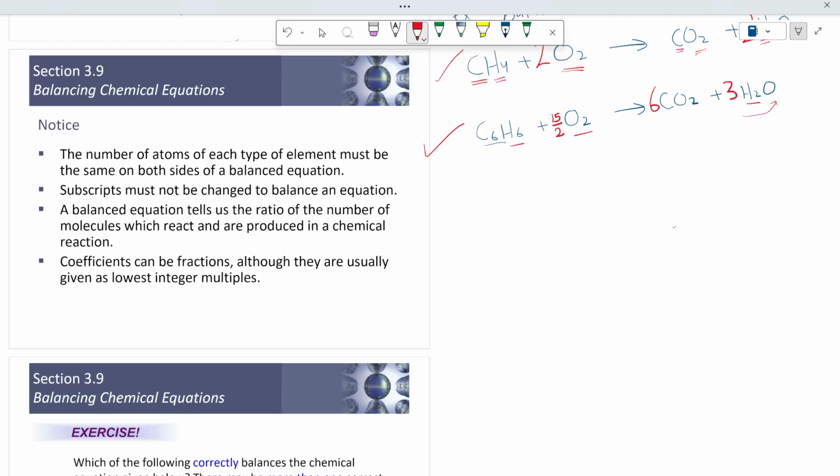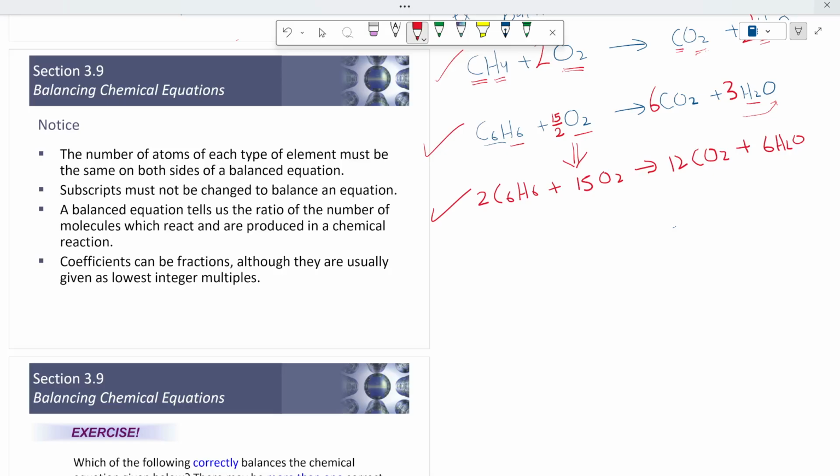If you don't like fractions, how can we get rid of this fraction? Yes, you can multiply everything by 2. So you will get 2C6H6 plus 15 O2, and here 12 CO2 and 6H2O. You can use either one of them.